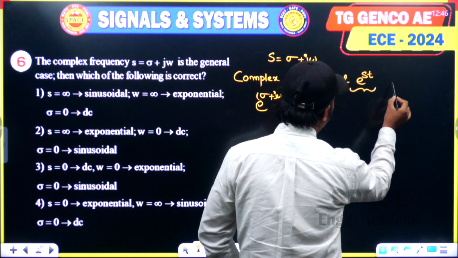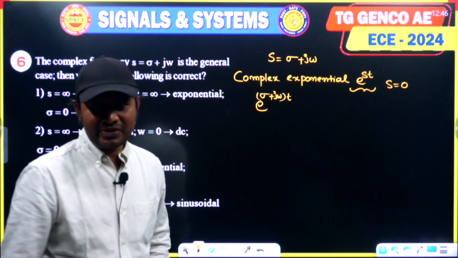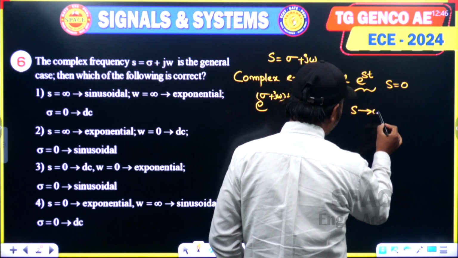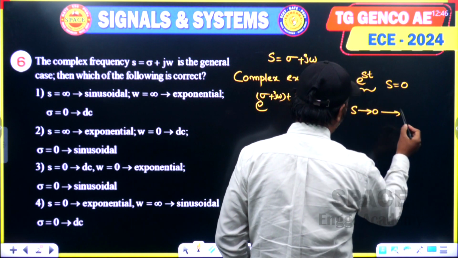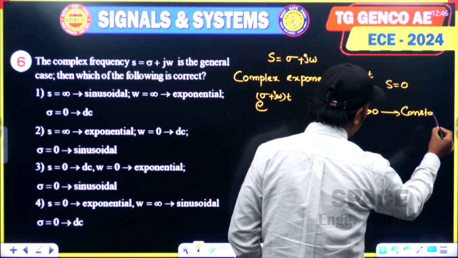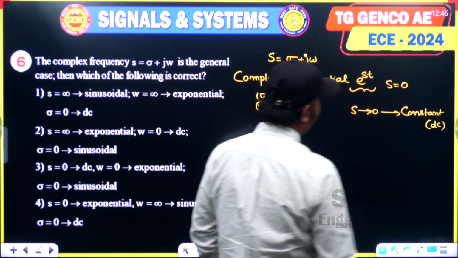If I substitute S to be 0 in e power st, it becomes a constant. So S tends to 0, our complex exponential becomes a constant. Constant means DC, you can say.